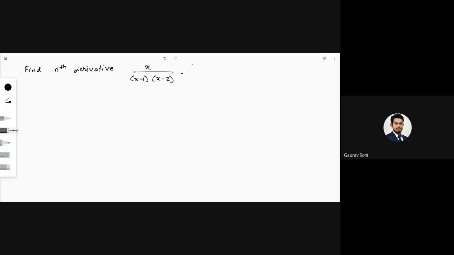So I will give a quick summary on the right hand side. Rational functions are the functions of the type f of x upon g of x, where f of x, g of x are polynomials.